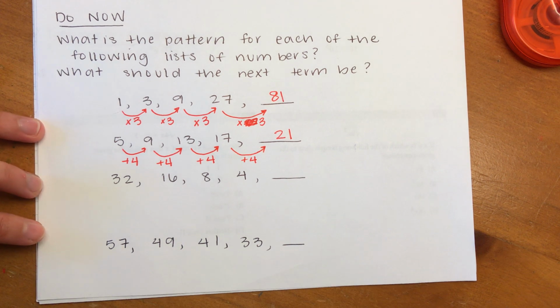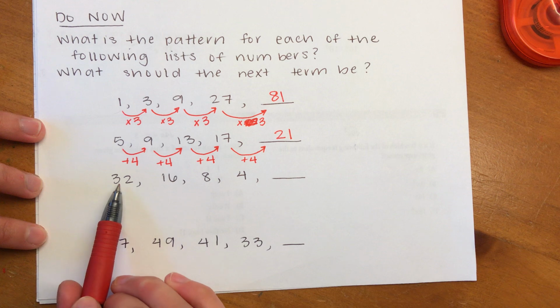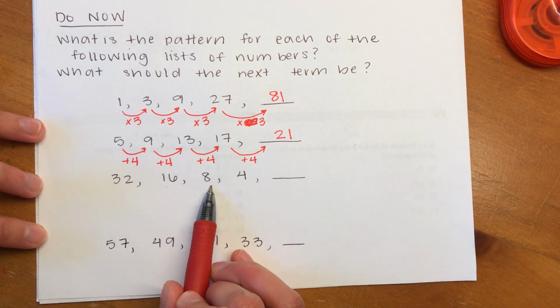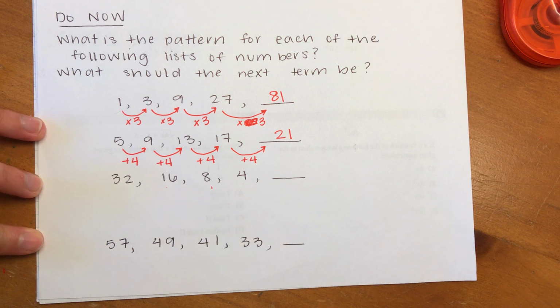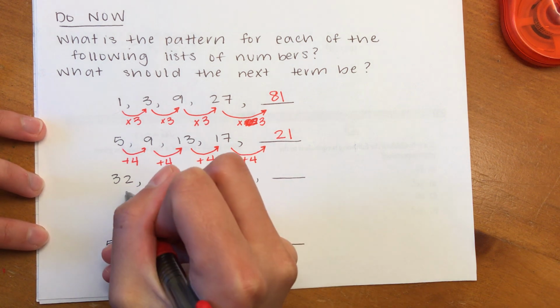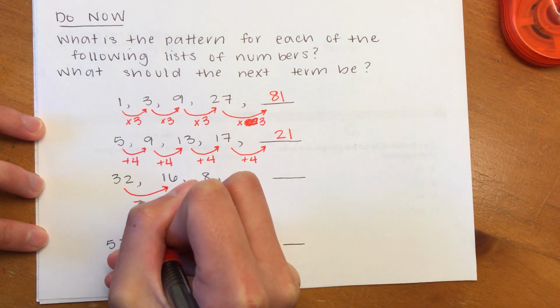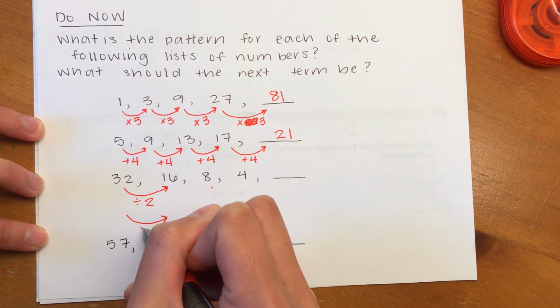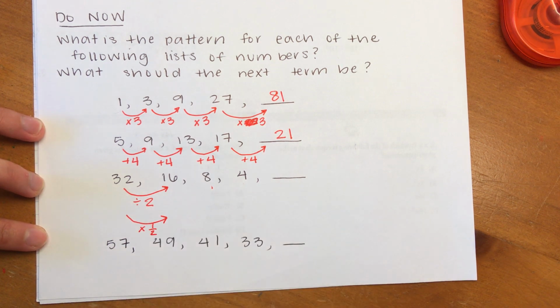Our next problem is a little trickier. We start at 32, then go down to 16, down 8, down 4. So what's happening between each of these numbers? The pattern here, you can say this two ways. We're either dividing by 2, or we could say instead of divide by 2, we're multiplying by 1/2.